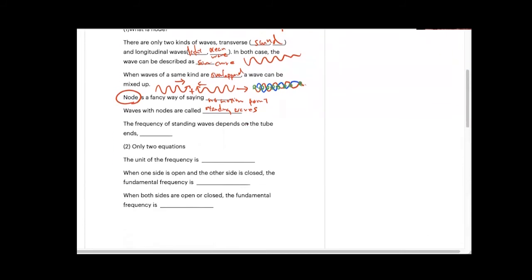And the frequency of standing wave depends on the tube ends. So now we call this a tube. The frequency of the standing wave depends on the tube ends, which is open or closed.